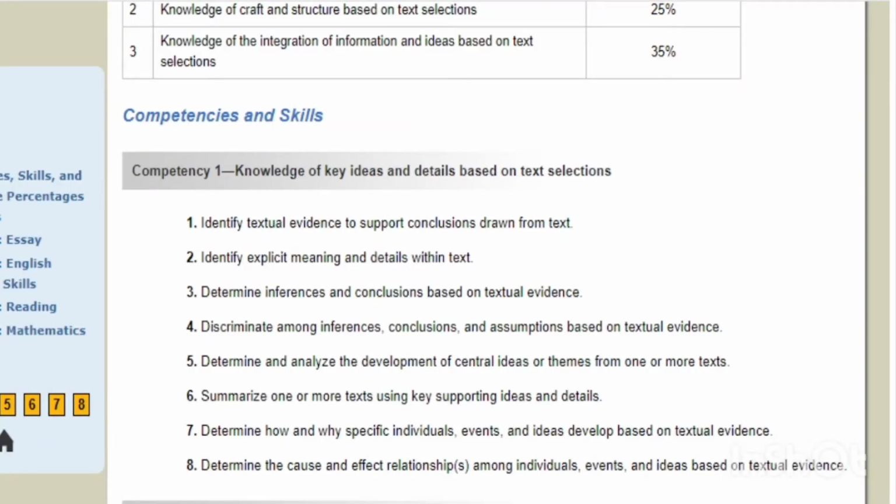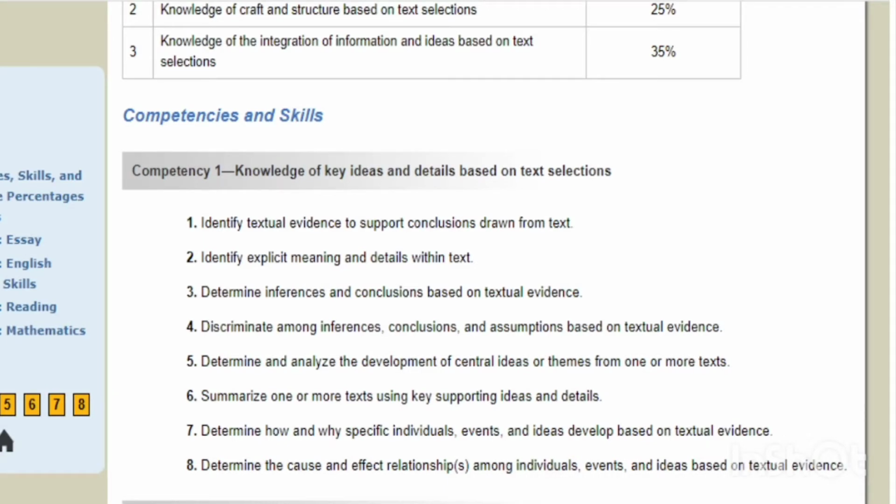Now, as I said, we're going to go through competency 1, and competency 1 is knowledge of key ideas and details based on text selections. Competency 1 has eight competencies, or in other words, 8 things that you need to know.